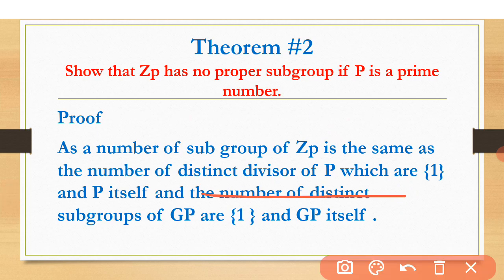The second theorem is: show that Z_p, for p prime, has no proper subgroup. We discussed in an earlier lecture what a proper subgroup is.